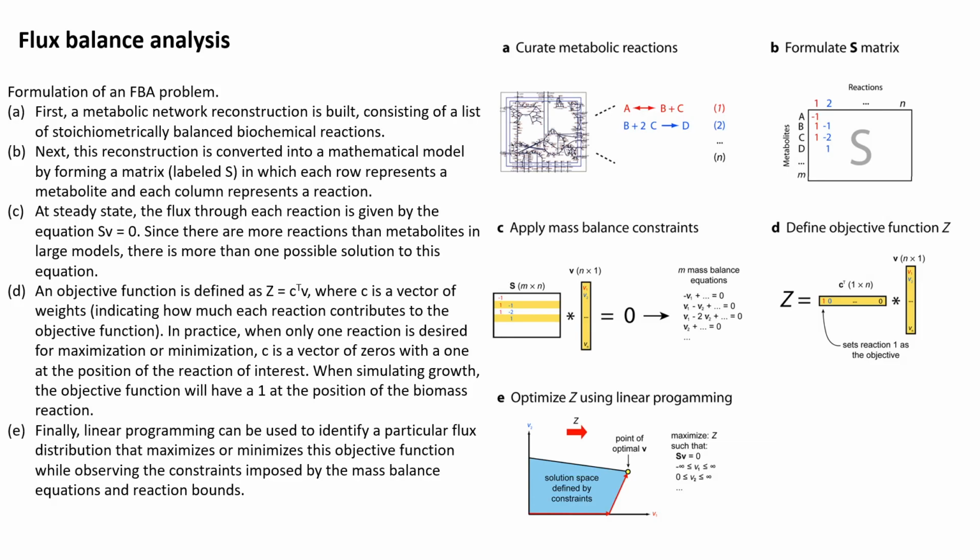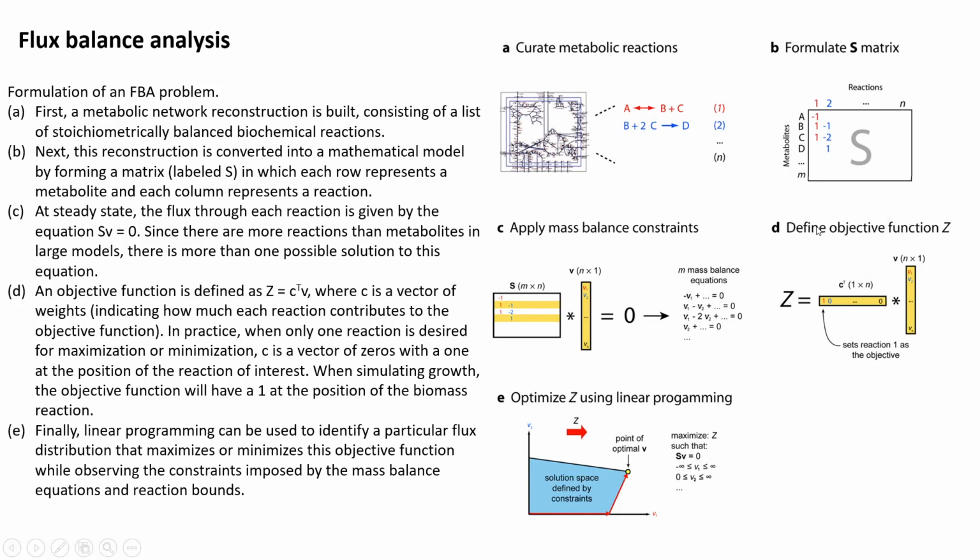So how do you do this analysis? First, you build a metabolic network consisting of a list of stoichiometrically balanced biochemical equations. So this is the network. You curate it using knowledge from literature and other sources. And after you've got those reactions and the network, then you convert it into a mathematical model.